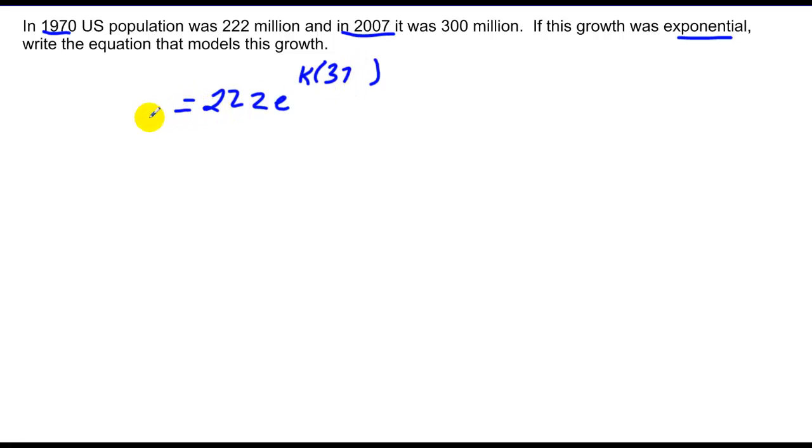And we end up with 300 million. I could put the millions, but the zeros are all going to cancel out, so we'll be fine. And solving this we'll get to in a minute, but that's the setup.